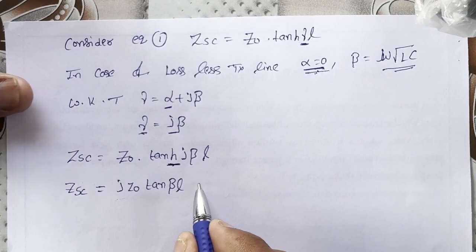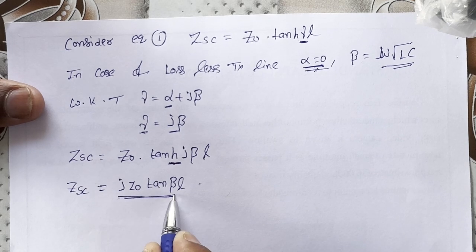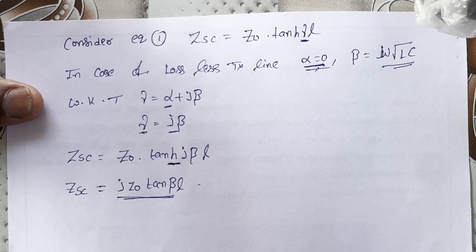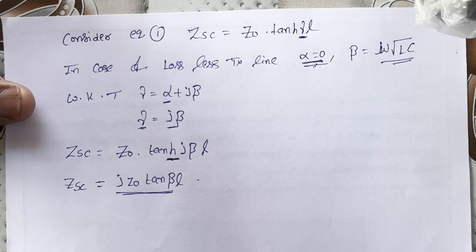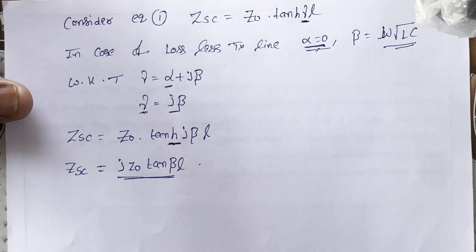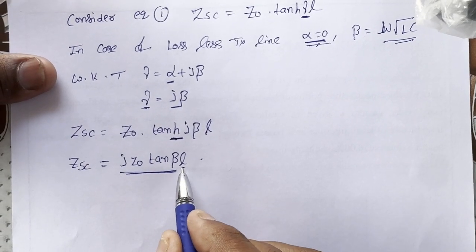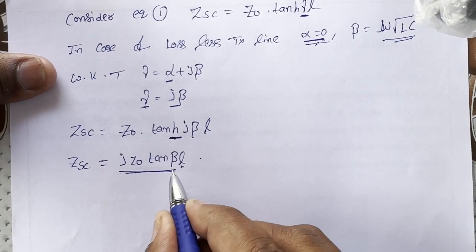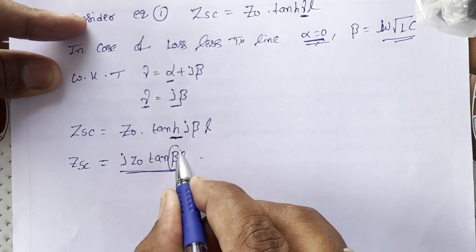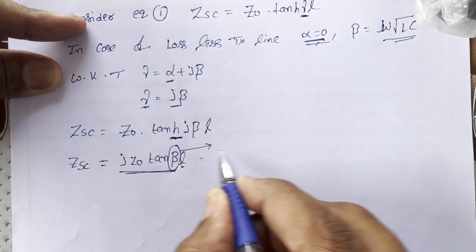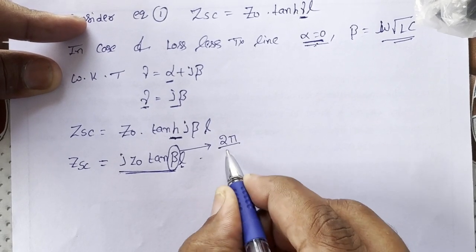Now with this equation we have to draw the plots of the short circuited transmission line, by considering different values of L. Here the value of beta is 2 pi by lambda.